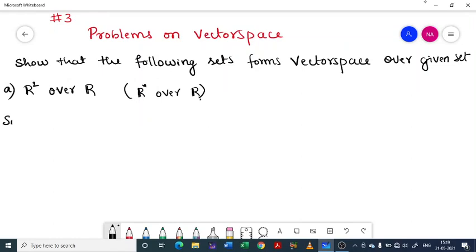Solution: let V equal R square. How is this set defined? It is the product set, right? The product of R with itself.